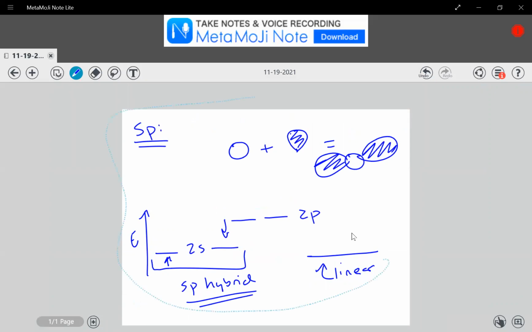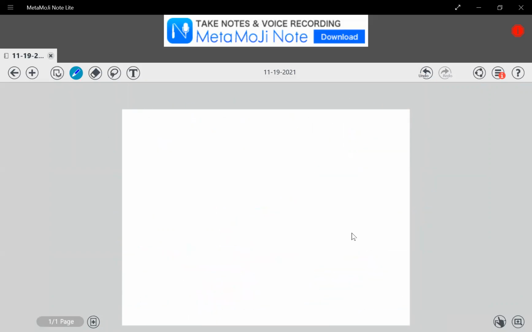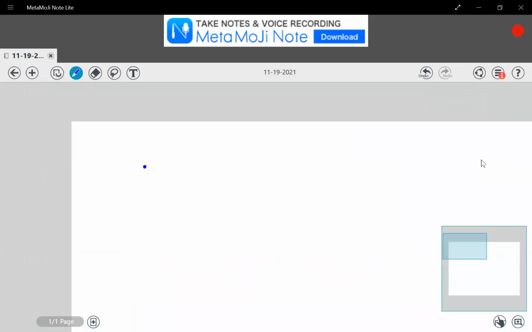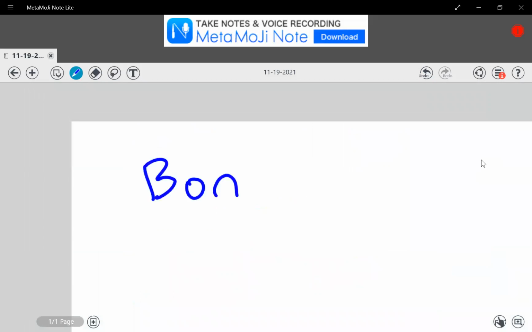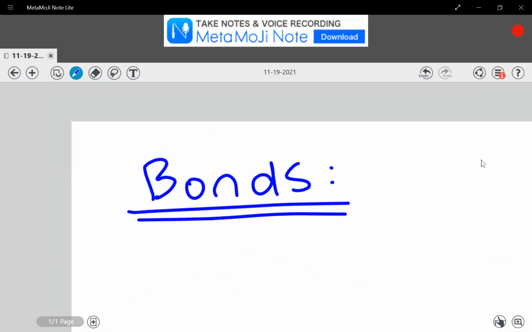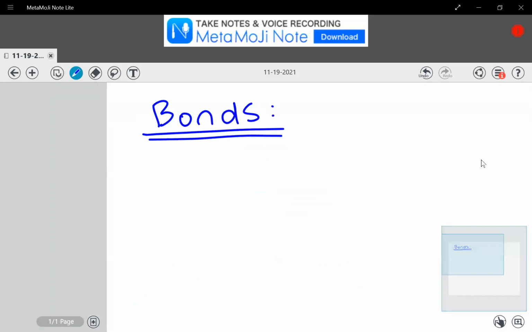So what else can these orbitals do? Well, this is pretty cool, they can form bonds. Wow, yeah, not the investment kind, the chemistry kind. So even cooler. Probably won't make you nearly as much money though. Anyways, two types of bonds.